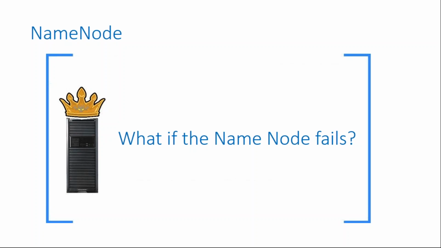So even if the data is there in the hard disks of these data nodes in the form of blocks, and with the replications, 3 replications, we have the data multiplied 3 times, there is no way to recover the data because all the metadata is on the name node. If this goes down, everything goes down.